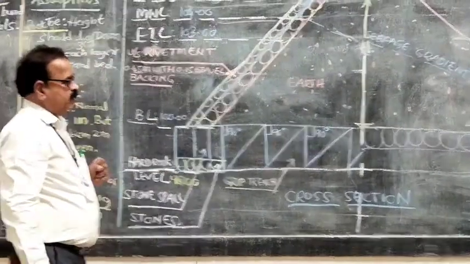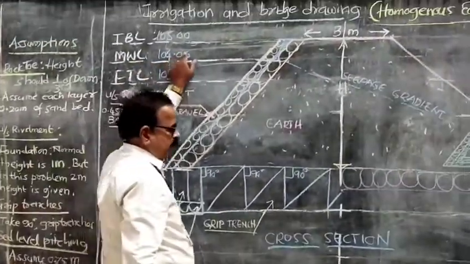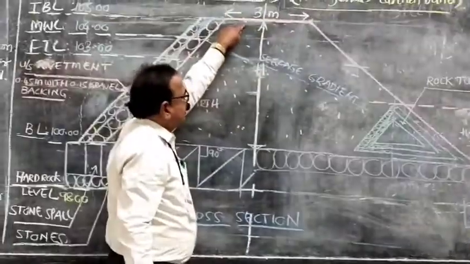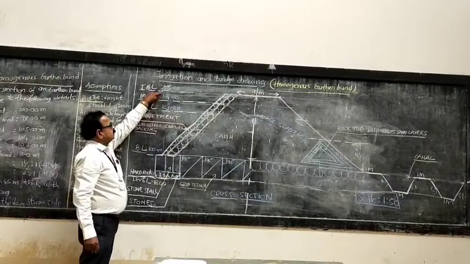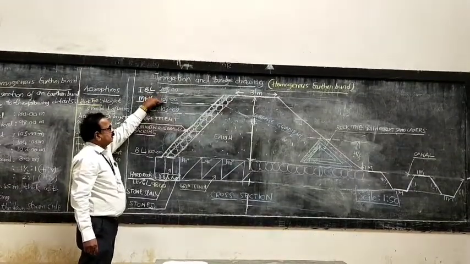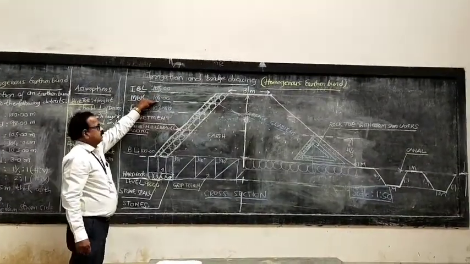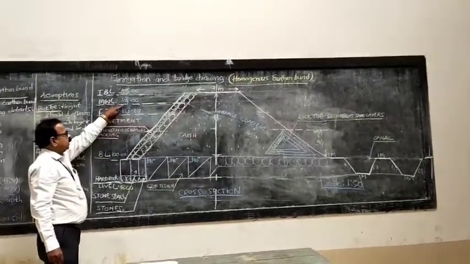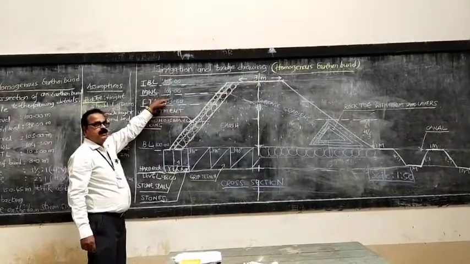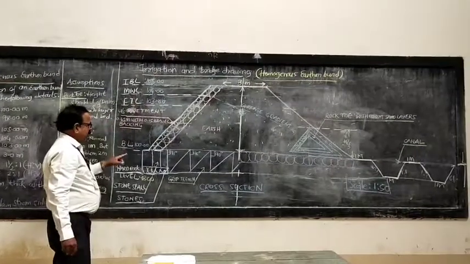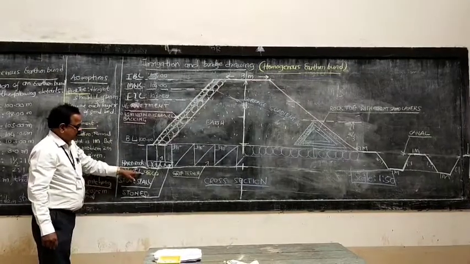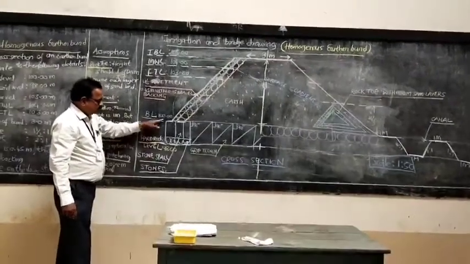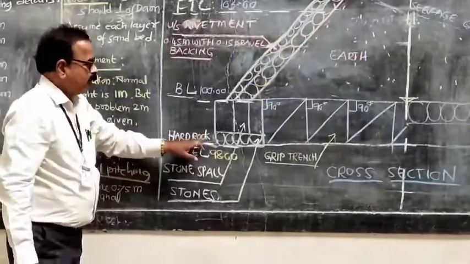With the scale 1:50, first you take 105, which is 10 centimeter from the bed. Next comes MWL, which is 104. It is 1 meter below, which for the scale is 2 centimeter. And FTL is 103, again 1 meter difference, 2 centimeter. Next, the hard rock level is 98. The difference between 100 and 98 is 2 meter, which according to the scale should be 4 centimeter.